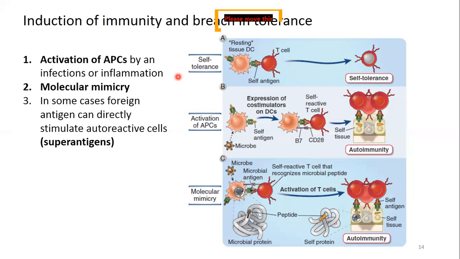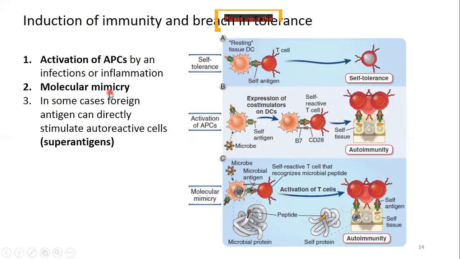So when there is an inflammatory process which activates antigen-presenting cells to upregulate co-stimulatory molecules, when these autoreactive lymphocytes engage with an antigen-presenting cell expressing co-stimulatory molecules, they are simply activated and the process has started. As we see here, there is a B7 ligand and CD28.